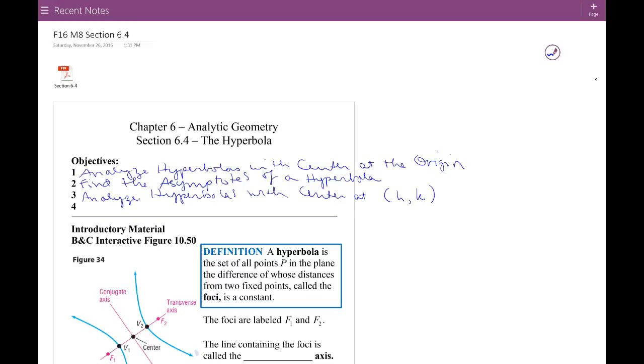Notice we're consistent in using (h, k) for the vertex of the parabola, the center of the ellipse, and the center of the hyperbola. And then the last objective, as always, is to solve applied problems to see that these are really useful shapes to know.